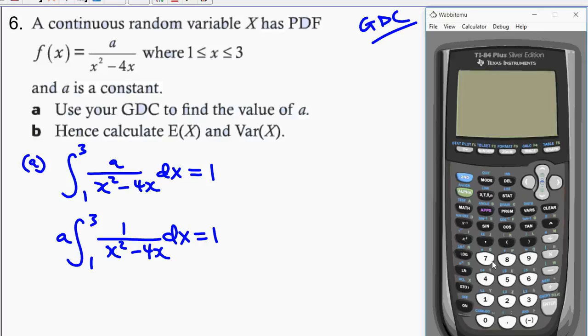So what I'll do is alpha, window, I want to find the value of that integral, the lower limit 1 to 3.